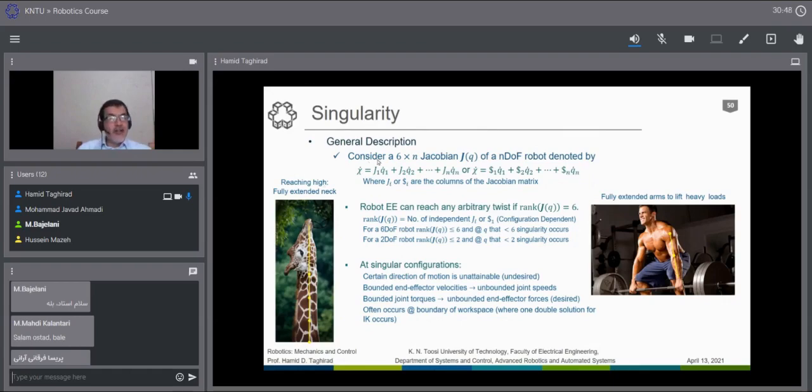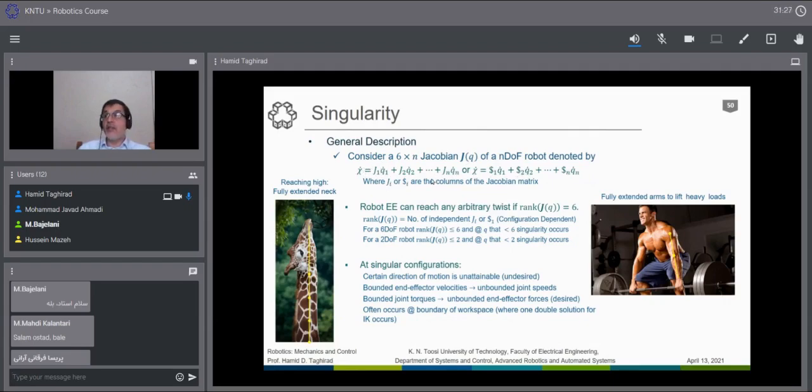As we see, the general formulation of the Jacobian consists of a number of columns multiplied by q dot, and you can get x dot. These columns are J1, J2, to Jn in the conventional notation, or in the screw coordinates we had before, $1, $2, to $n.